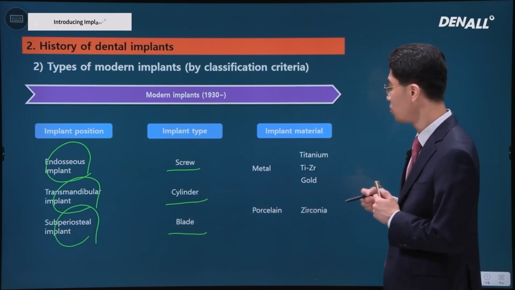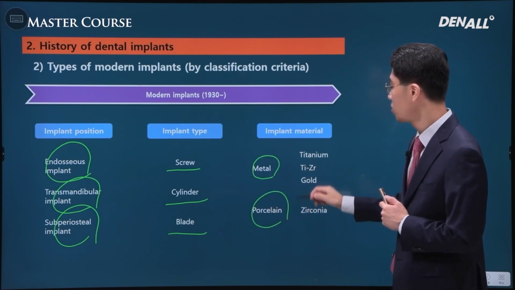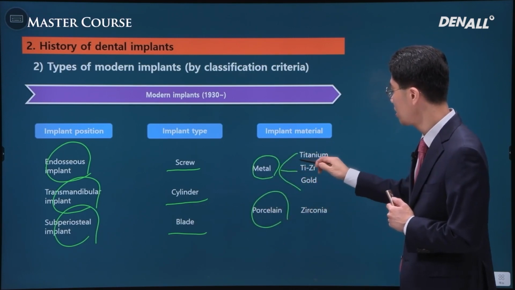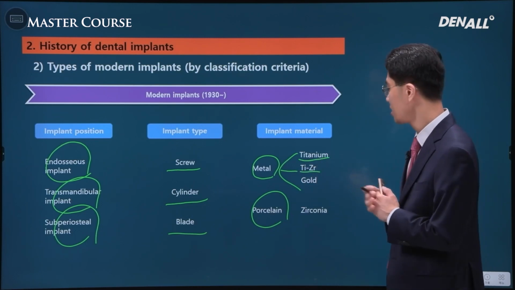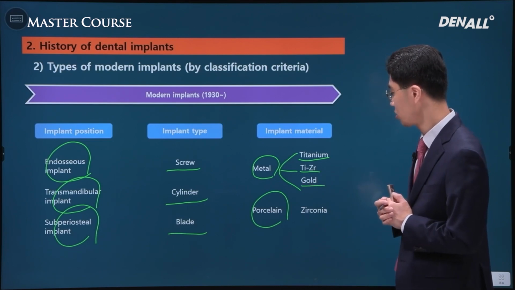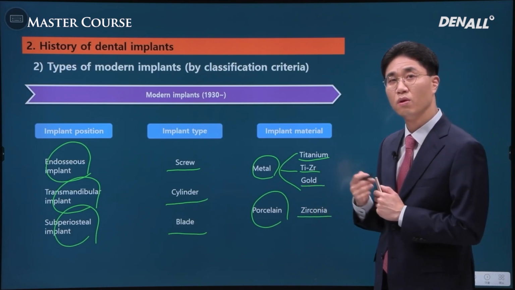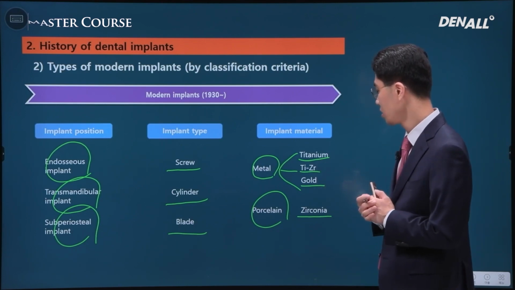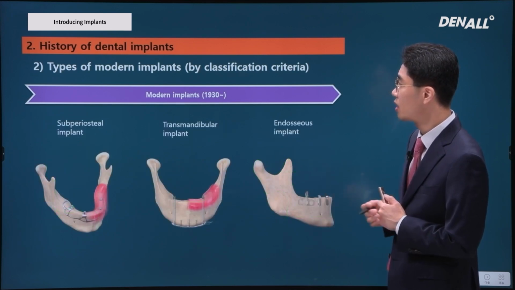Looking at the materials used, there can be metal and porcelain. In terms of metal material, it can be divided into titanium, zirconia, and gold. These days, more than porcelain, more people use zirconia. Let's look at the images.